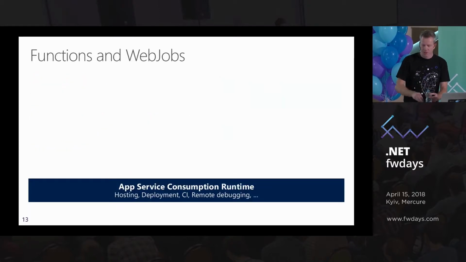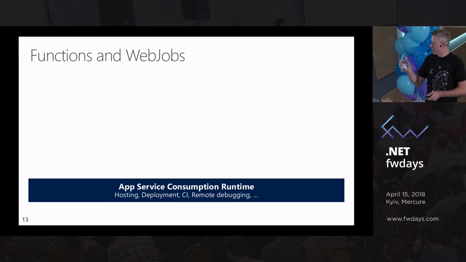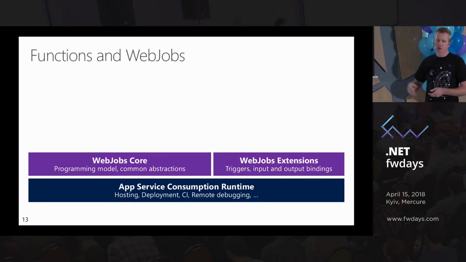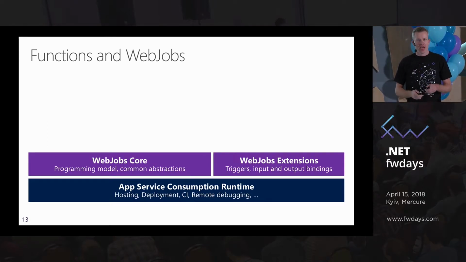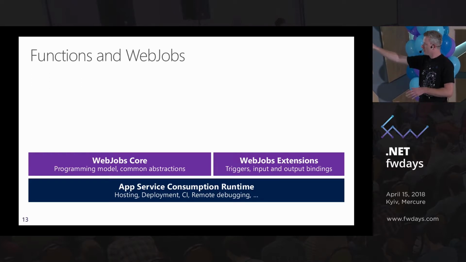If you look at the documentation and you talk to the teams that are building Azure Functions, you can see that it's all built on top of Azure Web Jobs. And they refer to Azure Functions as just another programming model. So you have the Web Jobs core with all the programming model that exists there, and you have the extensions.